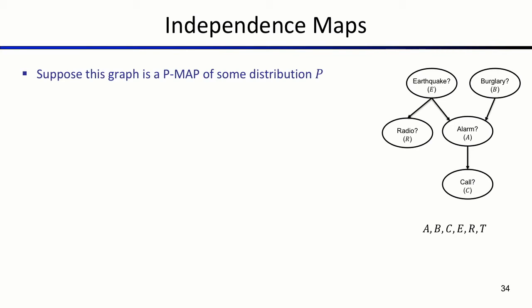So let's assume that this graph here is a perfect map for the distribution P, so we can use the graph as a tool to check for dependencies and independencies. Okay, so the algorithm asks for an ordering for the variables, and we have the ordering here. So there is one mistake here.